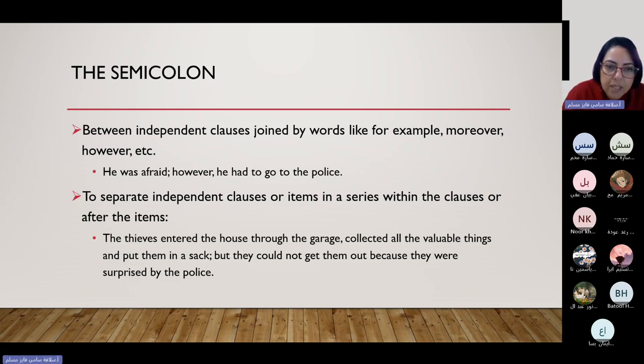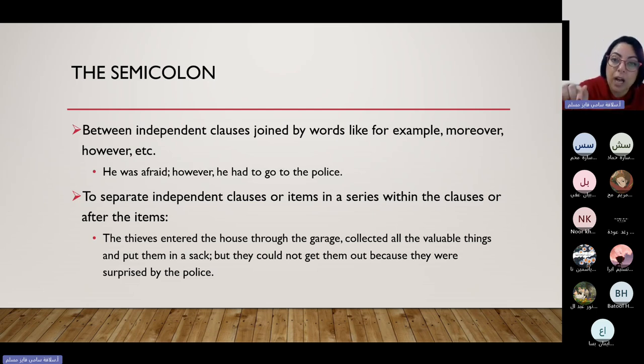Here is the semicolon. The sentence is finished. Right? Here is a full, complete sentence. The thieves entered the house through the garage, collected all the valuable things and put them in a sack. This is a full sentence. It's a compound sentence, but it's a full sentence.